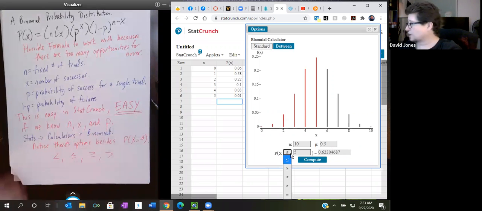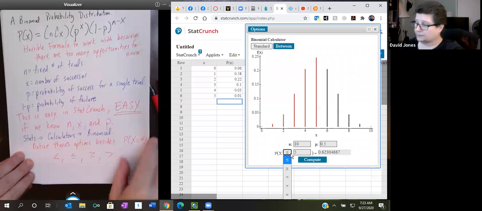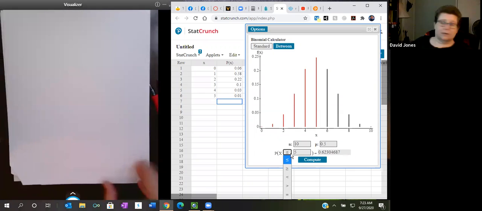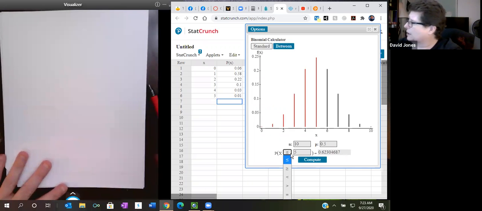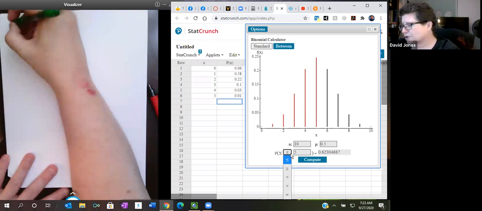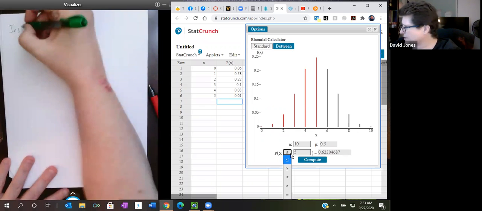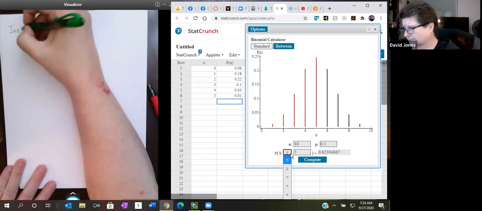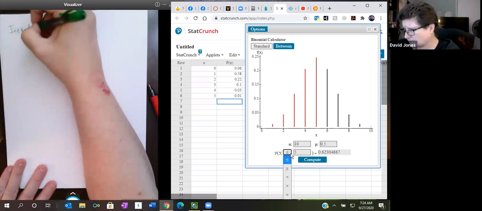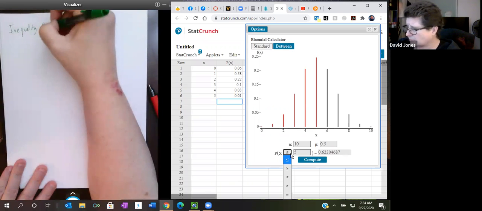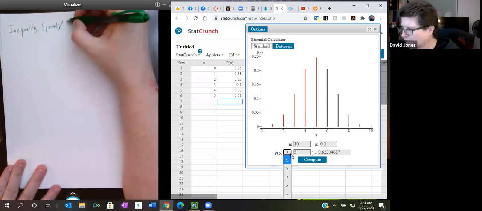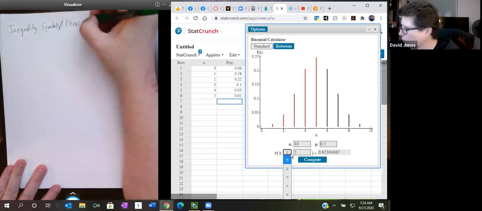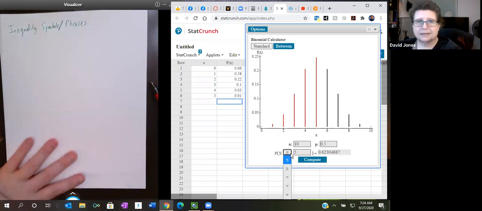So maybe we should talk about what those symbols are. I mentioned them earlier, but if you're unfamiliar with them, I think maybe I should be a little bit more thorough. Those are called inequality symbols. And let's include phrases that go along with them, the words you might see that go along with them.